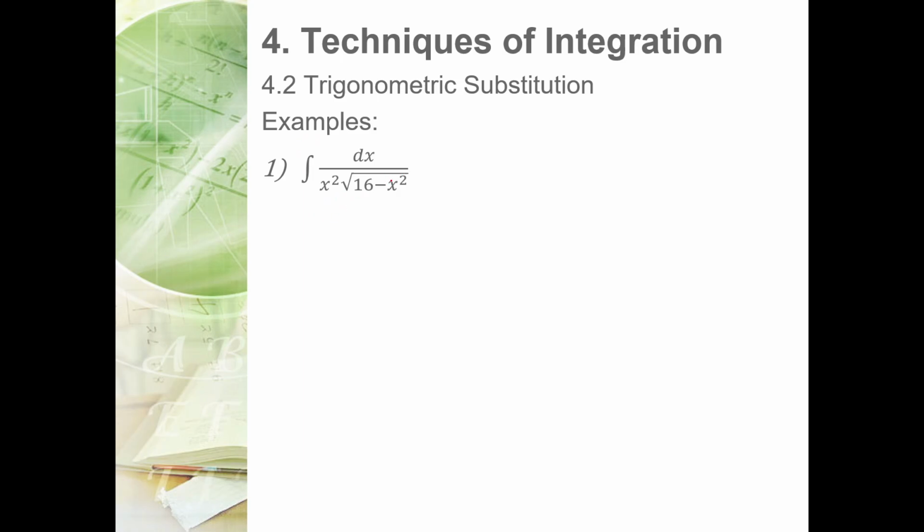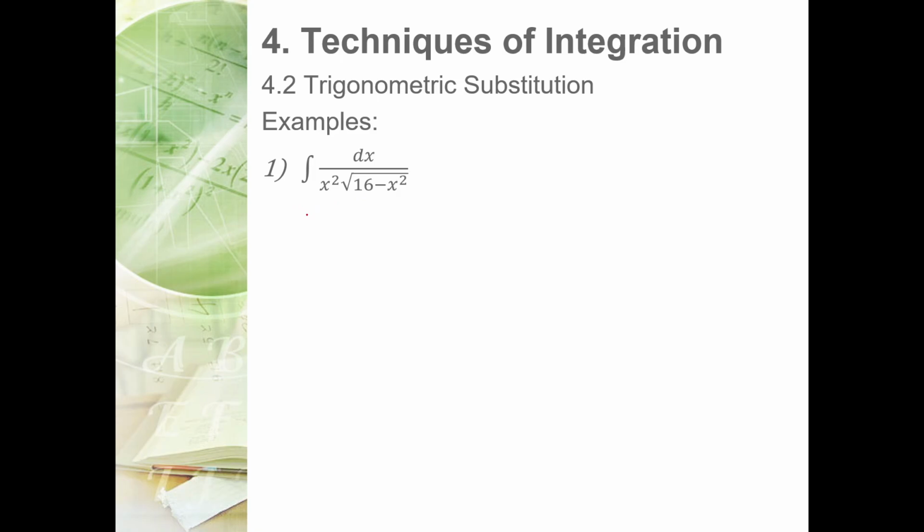Okay, so again, if you're going to look at the first example, you might think that you can solve this one using the inverse trigonometric formulas. As you can see, we have the integral of 1 over x squared times the square root of 16 minus x squared with respect to x.